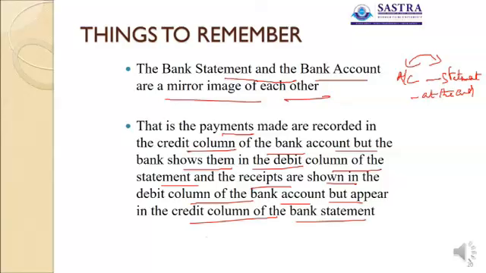Both of them are to be similar. If these balances do match, there is no necessity of preparing the BRS. But in practice, it is highly impossible to have the same balances in both. And for arriving at the differences and causes, we need to go for the bank reconciliation statement.